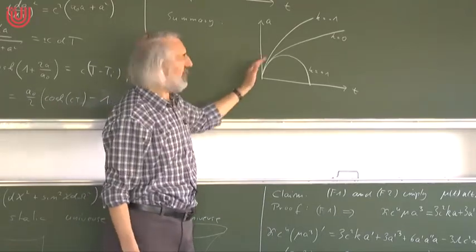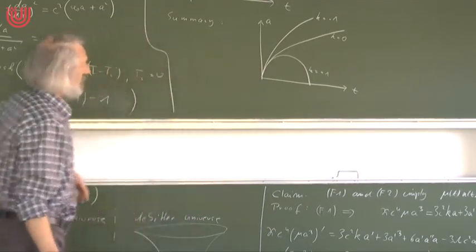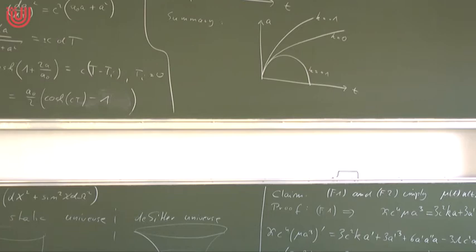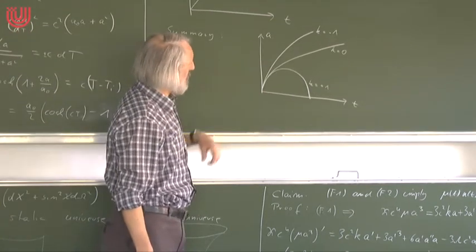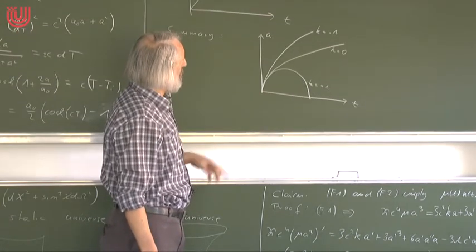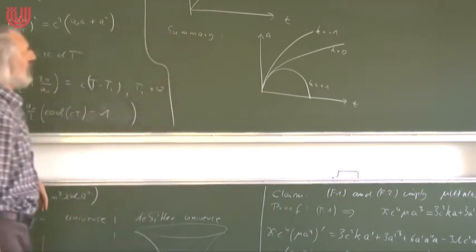So all of them are decelerating, and all of them are non-static. We have done the static case separately, because the method by which we solved the equations didn't work for the static case. So the static case is not included in the picture, and what remains are just these three cases.